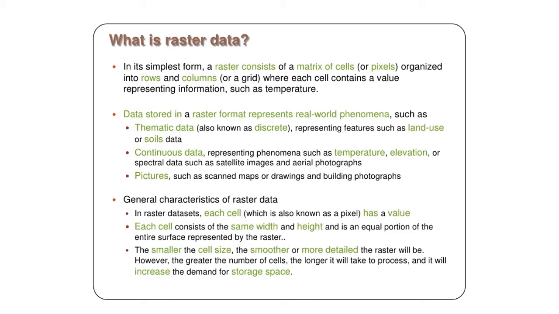What is raster data? In its simplest form, a raster consists of a matrix of cells or pixels, as you have gone through in this book in chapter number 5, organized into rows and columns like a regular graph paper or a grid, where each cell contains a value representing information such as temperature or height.